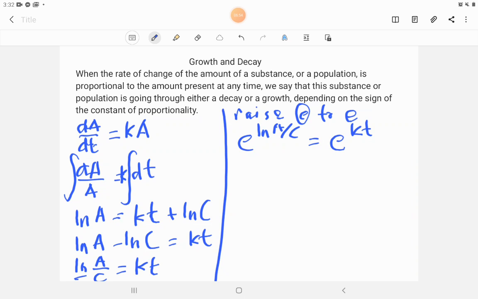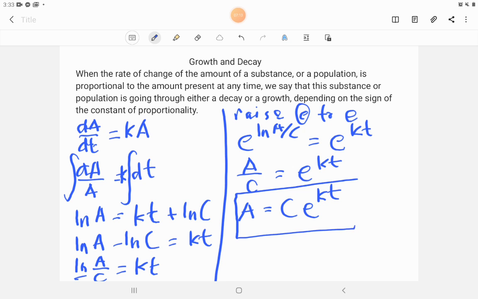Alright, then what is left on the left side is A over c, and on the right side we have e to the kt. And then transposing c to the other side, we have c e to the power of kt.